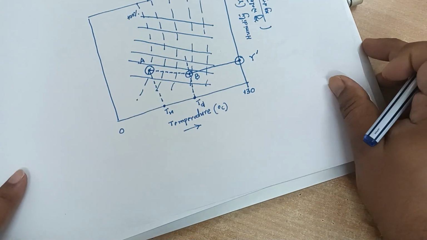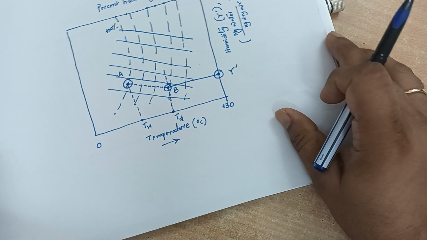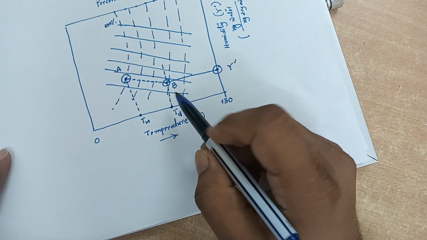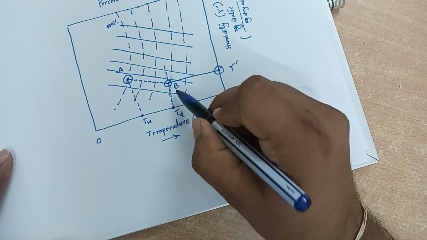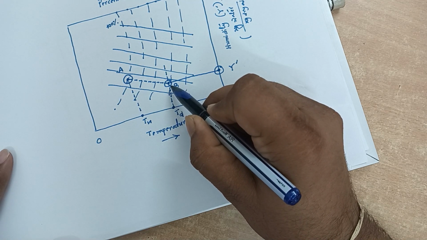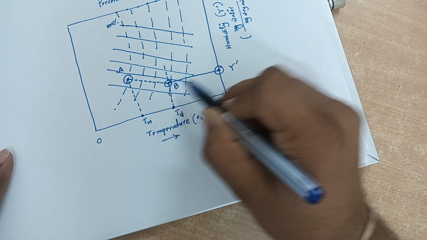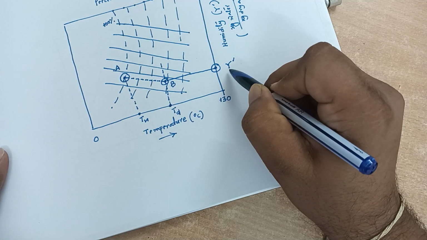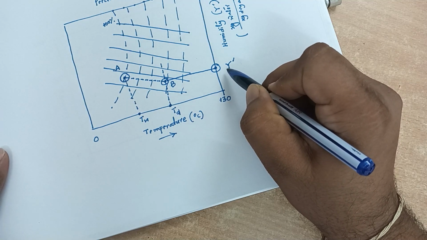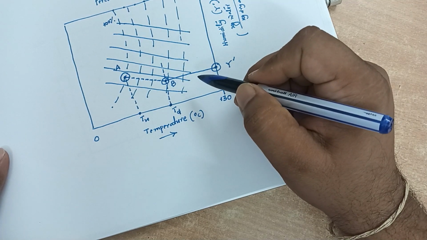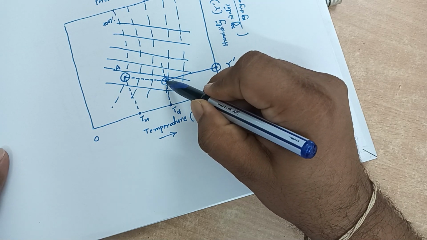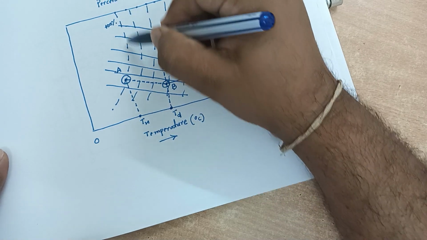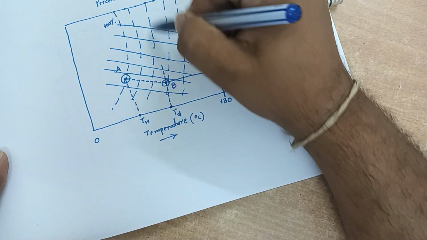To do that, you have to use the same chart which I have shown you earlier, where we found point B with respect to dry bulb temperature and wet bulb temperature. Once you find point B, there we calculated the corresponding value of humidity. But here we are supposed to find the percent humidity or percent saturation corresponding to point B. And you can easily do it. These are the percentage humidity lines.